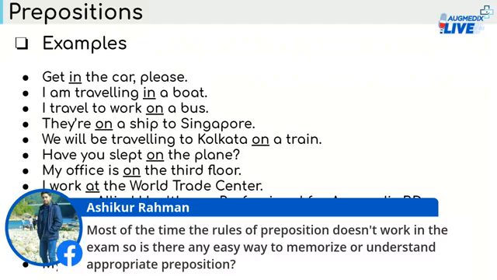So you read English as much as possible, and when you do so, you try to locate how prepositions are used in different writing. The more you read English, the more exposure you get to English, the better you learn, right?